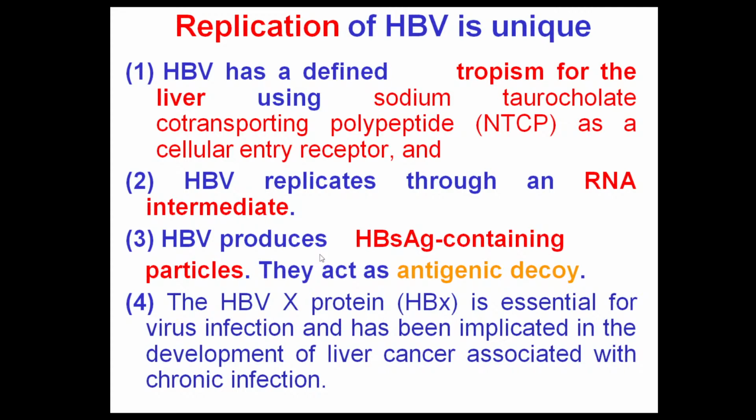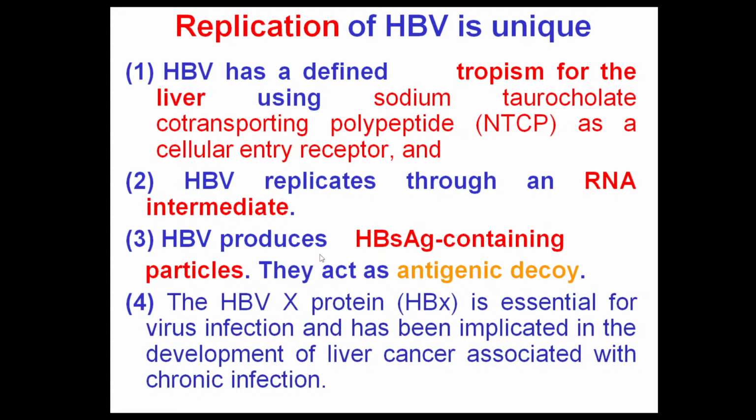So now we discuss the way of hepatitis B virus replication, because, my dears, this is rather sophisticated, and this is a unique way of replication with a lot of distinguishing features. First, some most common distinctive characteristics.